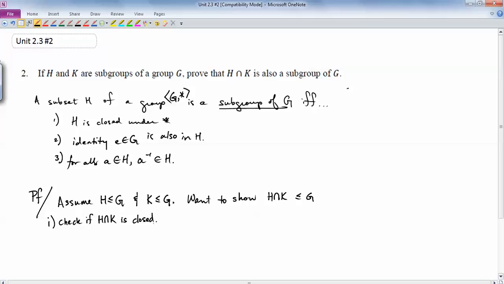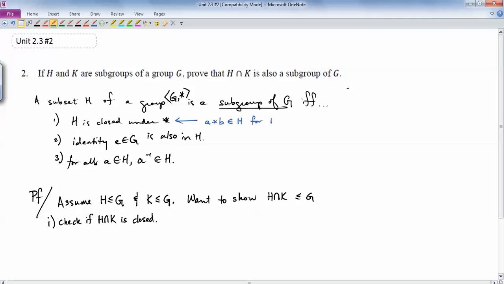Okay, to check if something's closed, we take two elements from it, A and B, and we want to show that A star B is also in H. That's to show H is closed, right?